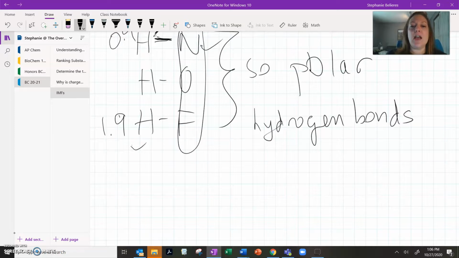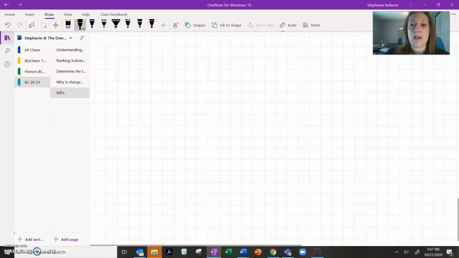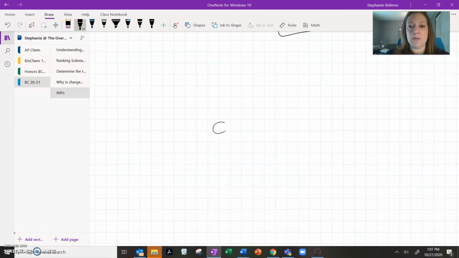So like anytime we have, if we have like H3C, COH, anytime I have something like that, all of a sudden I just have this region of charge that is so electronegative and so electropositive on the other end that I have this really, really strong intermolecular force. Now let's say I have a molecule that has all of these things, right?